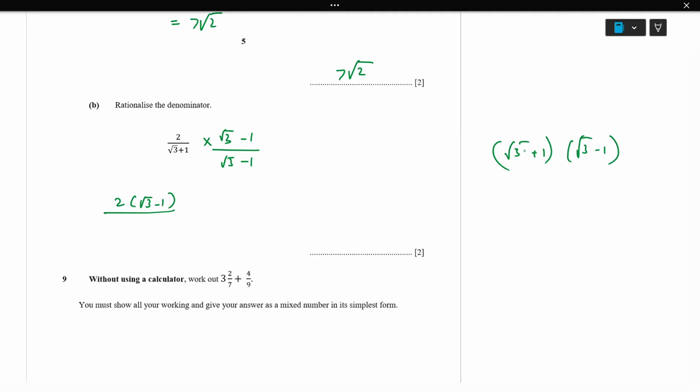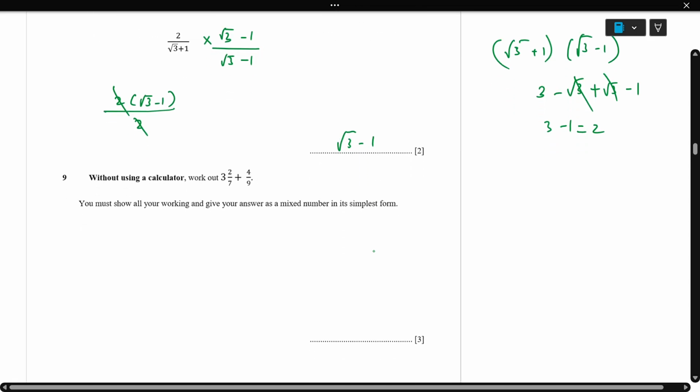Root 3 times root 3 is 3, root 3 times minus root 3, then plus root 3 and minus 1, so this will become 0. 3 minus 1 is 2. So the denominator is going to be 2. The 2 got cancelled, so root 3 minus 1 is the answer here.